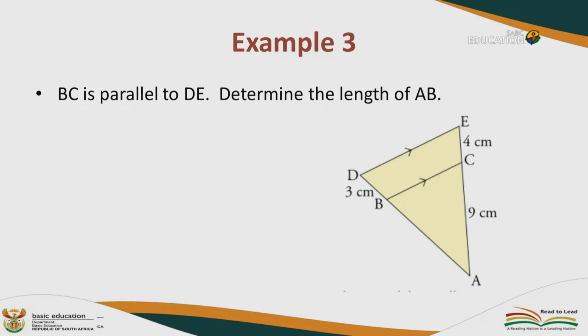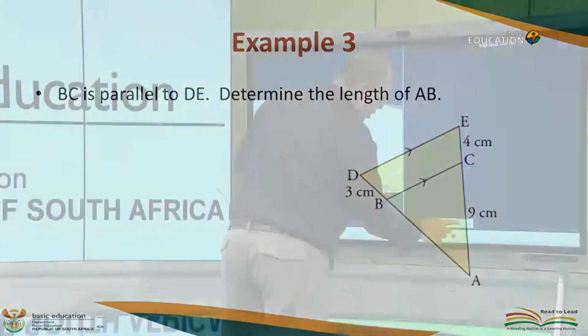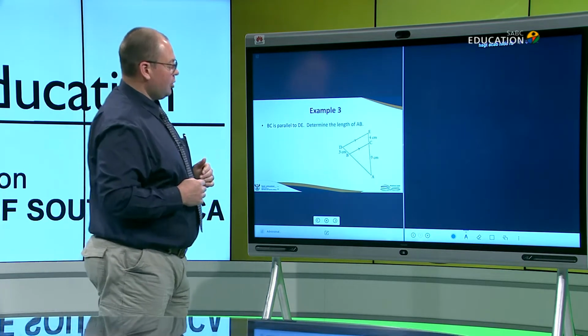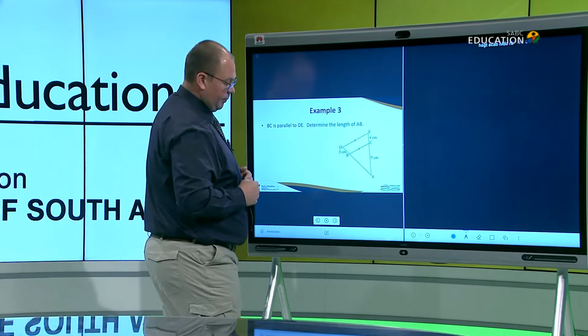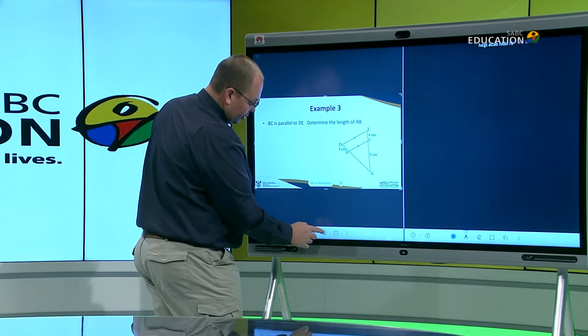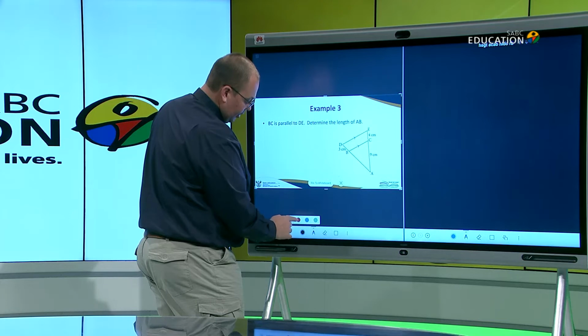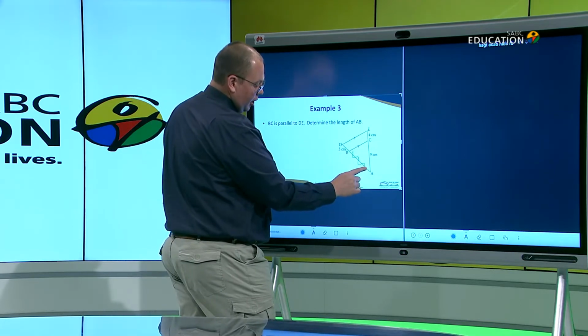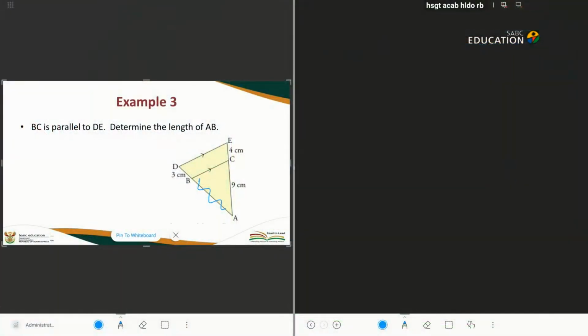So let me show you how I would go about answering this example. They ask you to determine the length of AB. So it's very important for you to realize on your sketch where the side is that you need to calculate. I like to use a highlighter or a pen just to mark the side that I want to determine, to get a clearer picture of how we'll go about this.